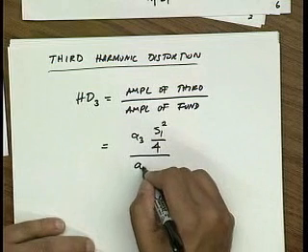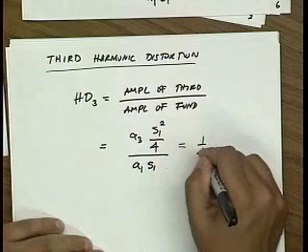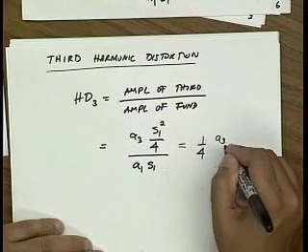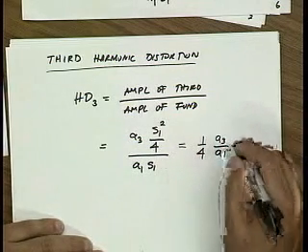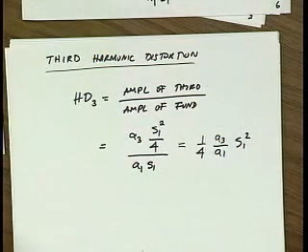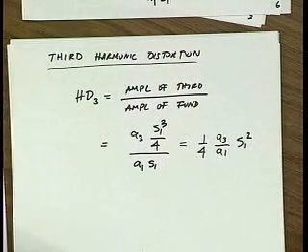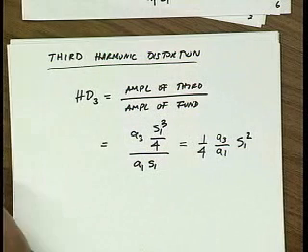And again, the amplitude of the fundamental for weakly nonlinear systems is just A1 S1. And so the HD3 is A3 over A1 times S1 squared over 4. Yes, thank you. Good catch.